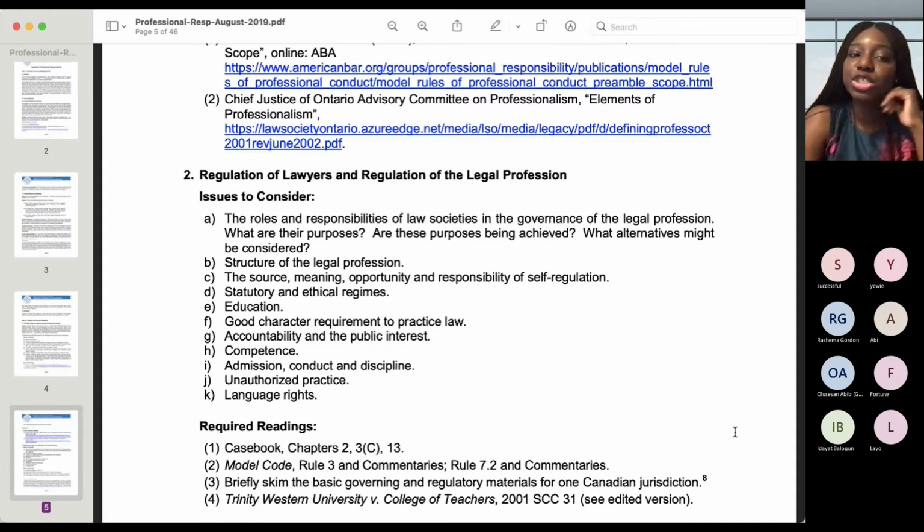For example, language rights. The rule in the model code states that if you cannot explain to your client in the language they fully understand what you're about to do for them, then you cannot represent that client. You are then obligated to find a lawyer who can handle that client and explain everything that is about to happen or will happen in the language they fully understand, right?